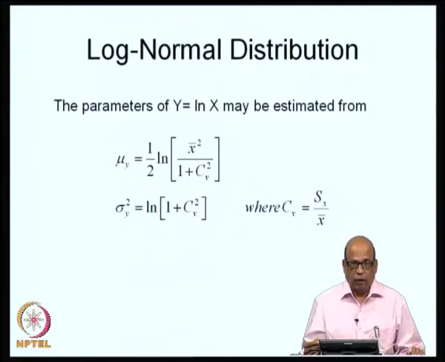If we are given a sample, let us say 50 years of stream flows at a particular location, this constitutes a sample of the random variable x, where the random variable is the stream flow at that particular location.